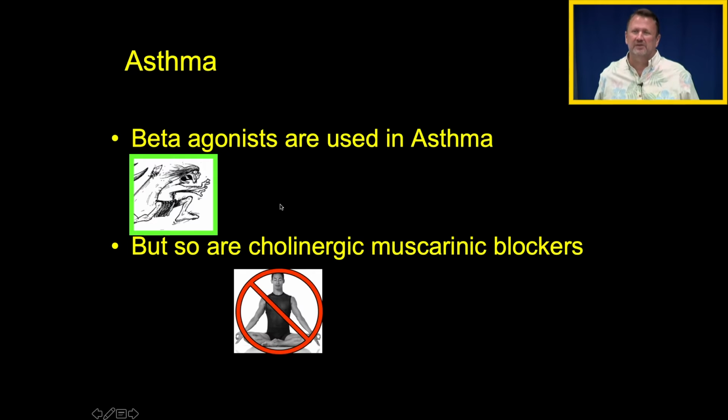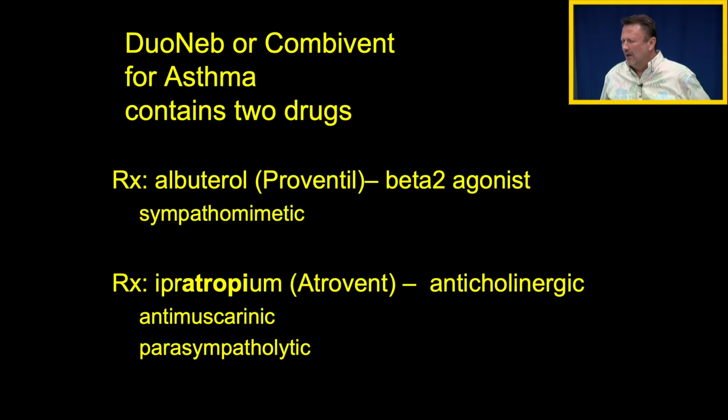So you're going to see 2 separate classes of drugs used as short-acting rescue inhalers, short-acting bronchodilators, and one of them is albuterol. It's a sympathomimetic, but we'll also use ipratropium, a synthetic form of atropine, as a bronchodilator as well.